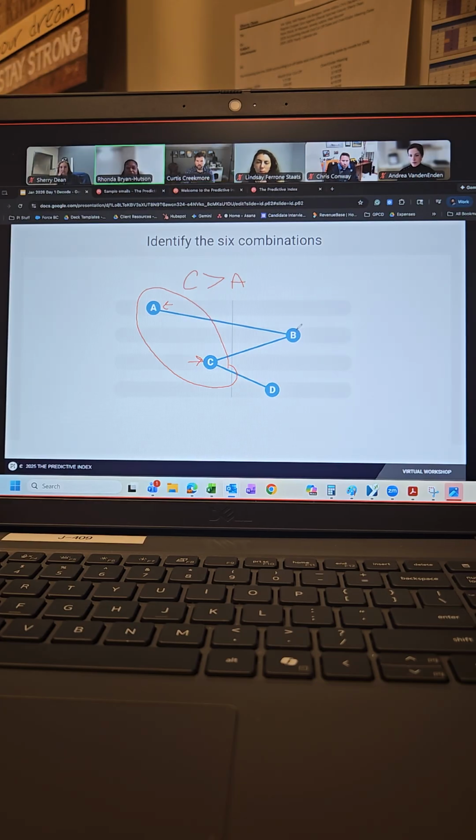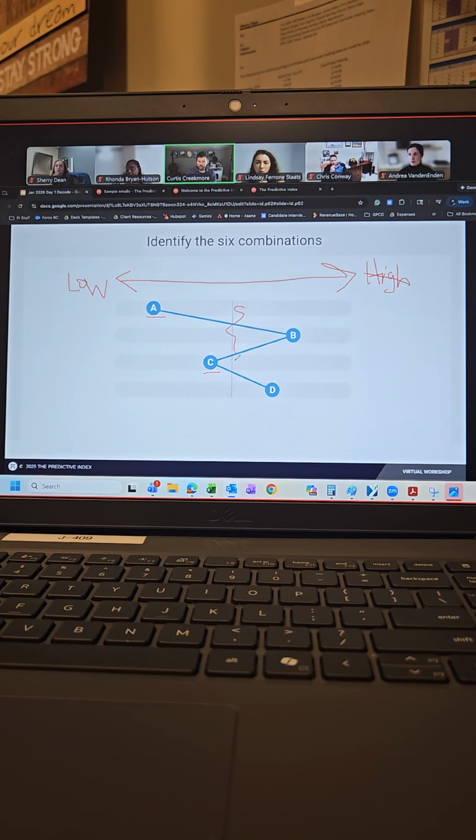Can you go over it just one more time for me, please? Absolutely. Yes, that's why I'm here. So when we look at those two, we pick 2 factors that we're talking about. Let's say in that example, it was the C factor and the A factor. When we are talking about a factor combination, we look at which is the higher factor. And remember, high is to the right and low is to the left.